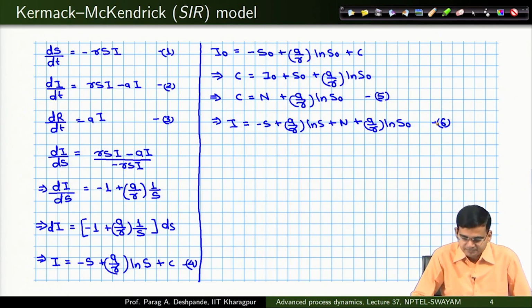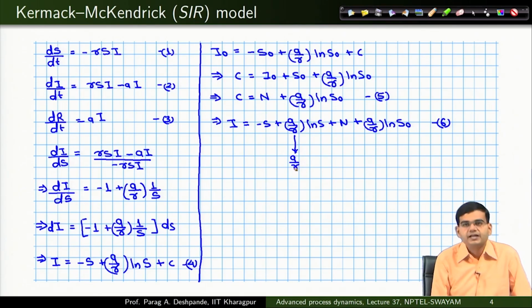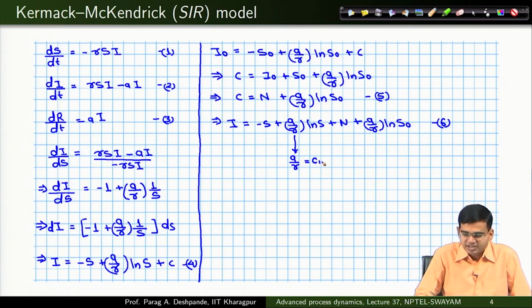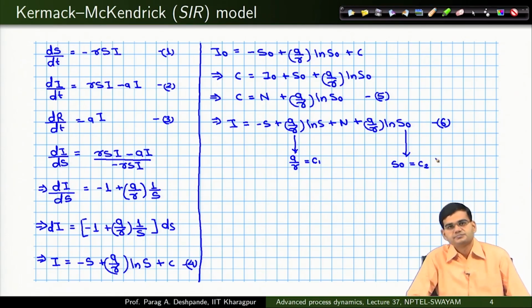So, now I have a parameter here, A upon R, and let me call A upon R as C1. Okay. I have another parameter here, S0, the initial population. Let me call this S0 as another parameter C2.